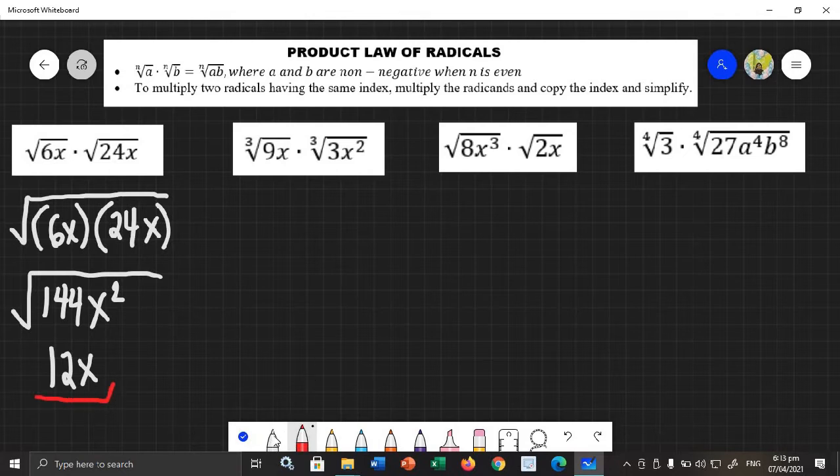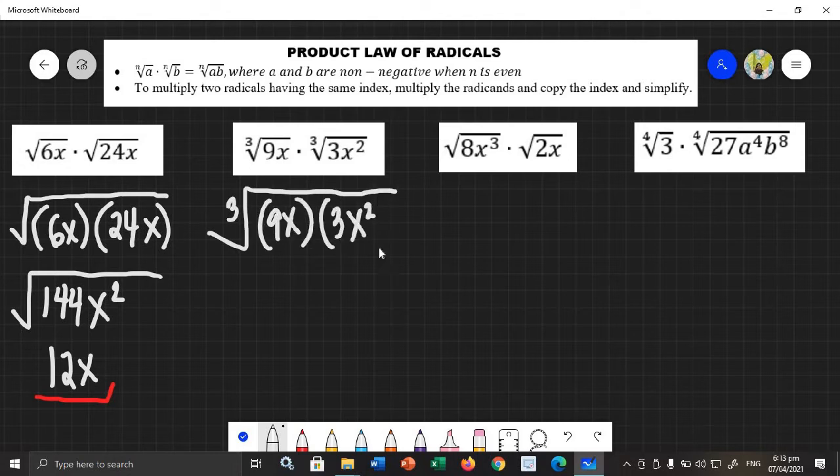How about the second one? So as you can see, the second example, they have the same index. Then we have no problem in using the product law of radicals. Just copy the index, then draw a radical sign, and then multiply the radicands. The cube root of 9x times 3x squared. 9 times 3 is 27.